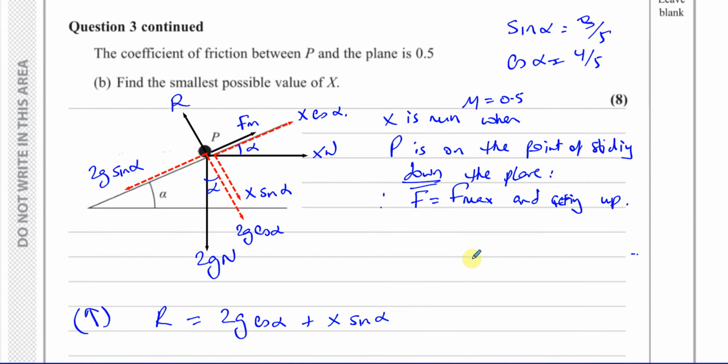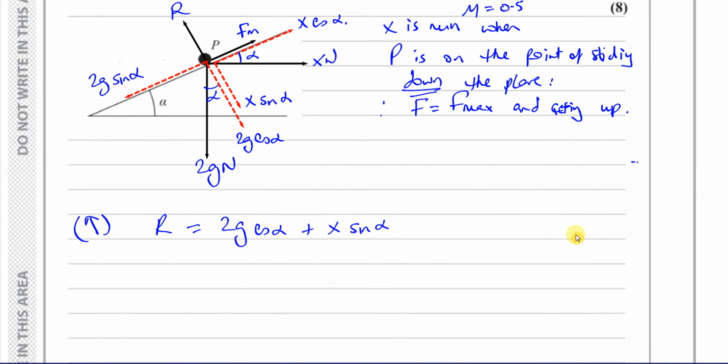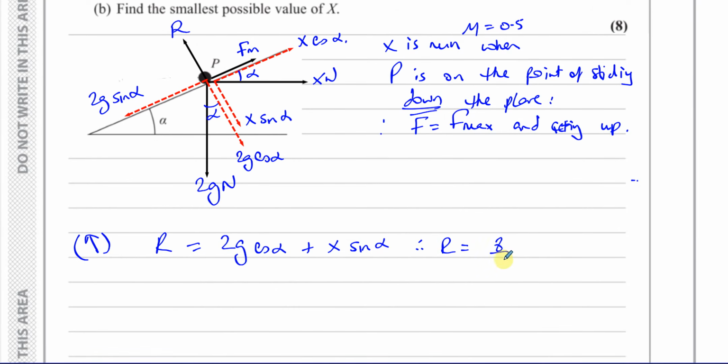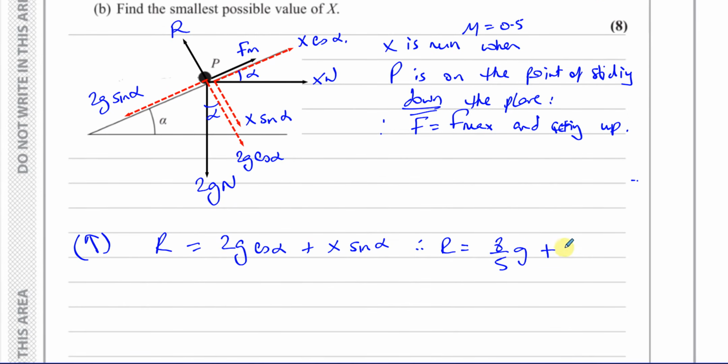That's right, good. So that's resolving perpendicular to the plane. I'll do things in terms of g for now. So R is equal to 8 over 5 g plus 3 over 5 x. Okay, so that's one equation.